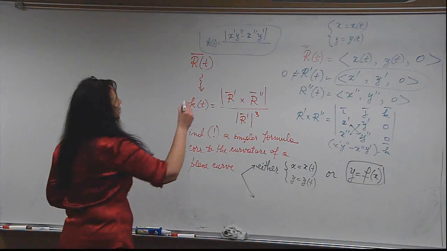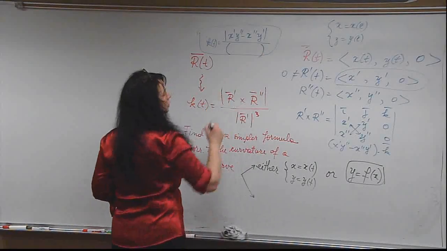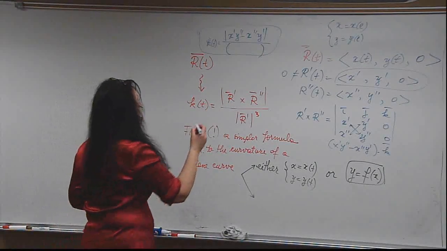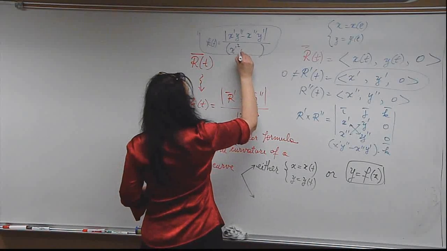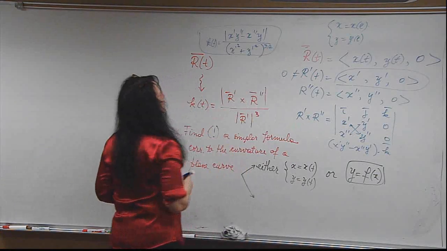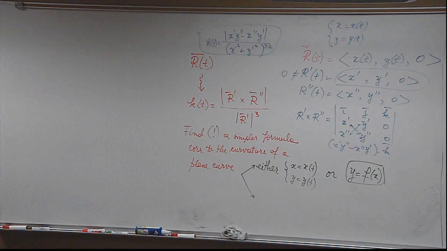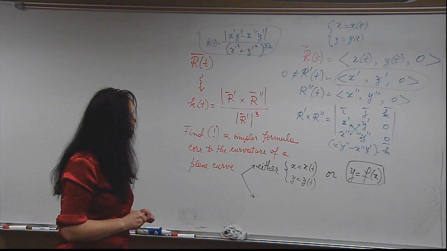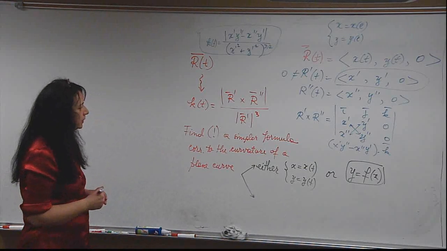Many people in engineering don't like to put that square root anymore, and they just write x prime squared plus y prime squared to the power 3 halves. This is very useful for engineering studies when you have to deal with plane curves, plane motions in plane curves.